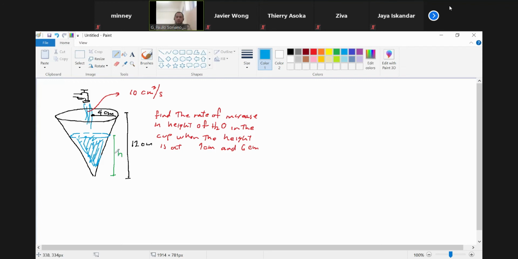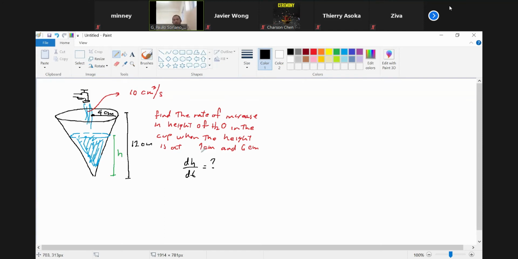Yes, okay. So according to this, we are looking for how fast the height is changing inside the cup. This one, okay? So you are correct. We need to find dH/dt. So that's one.